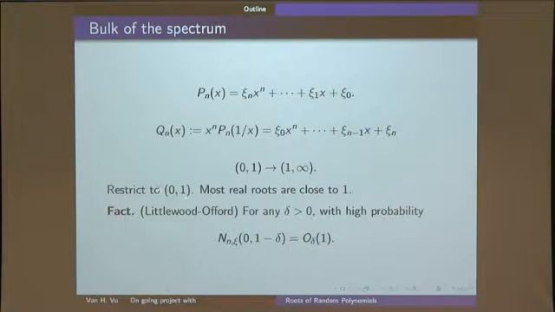It goes from x to 1 over x, so that maps the spectrum from 0, 1 to 1, infinity. So that means we can restrict ourselves to the number of real roots in 0, 1. If we know the number of real roots here, we multiply by a factor of 4, and we get everywhere. So from 0, 1 is the same as from 1 to infinity, and the other side of the spectrum is by symmetry.